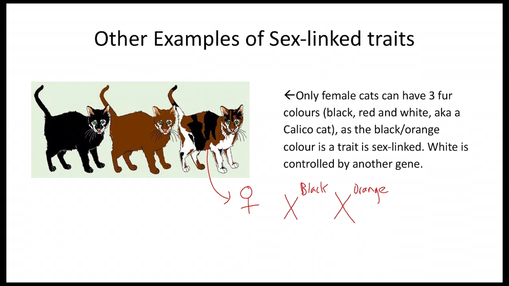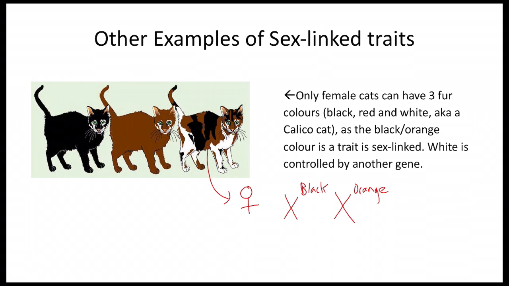Okay, so a non-human example is calico cats for sex-linked traits. Only female cats can have 3 fur colors: black, red, and white, aka known as a calico cat. This is because the black and orange color is a trait that is sex-linked, where white is controlled by another gene.